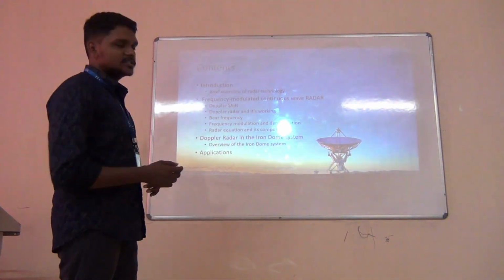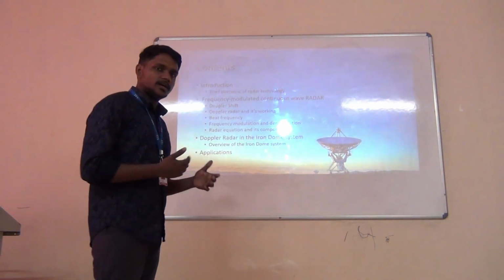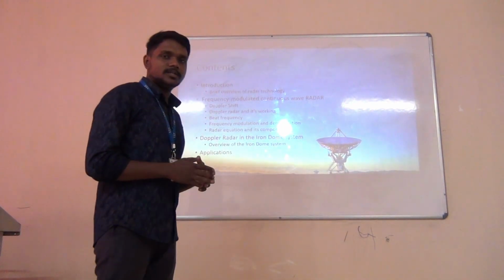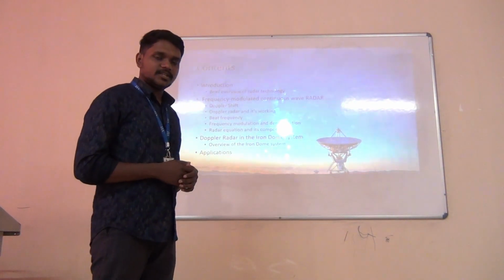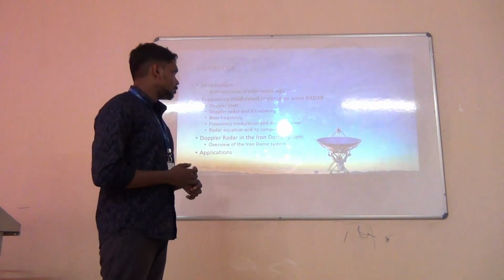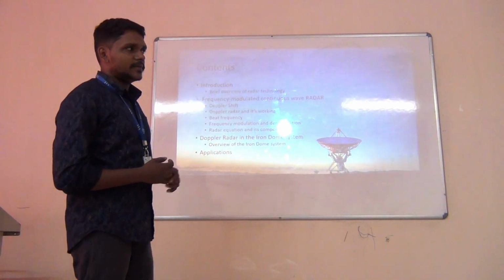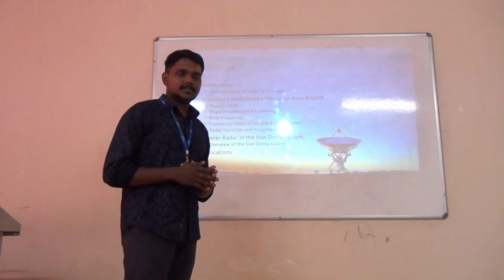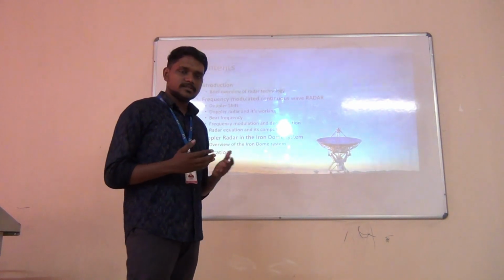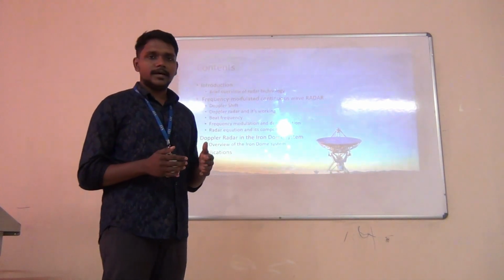Initially, I will start with a brief introduction of how radar works and the methodology used in radar detection and ranging. Then we will go through frequency modulated continuous wave radar, a type of radar used in most autonomous systems, self-driving cars, drones and other vehicles.